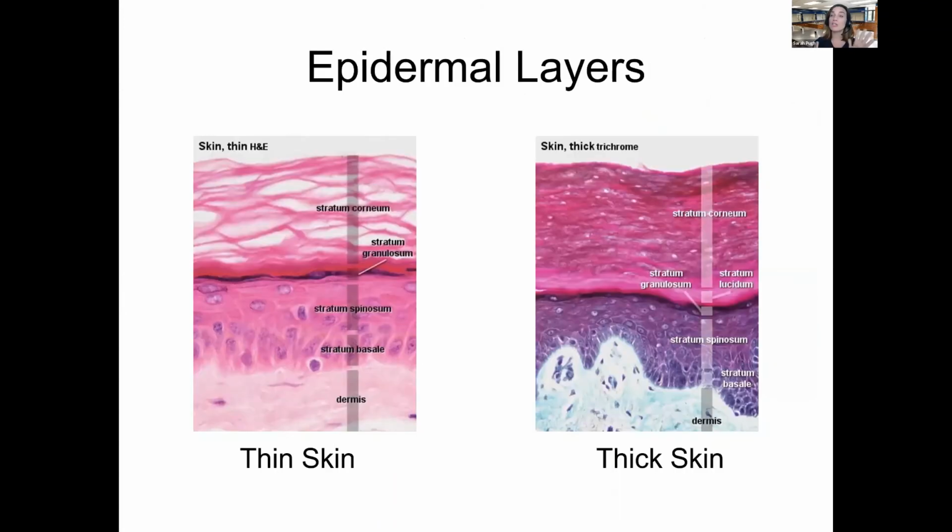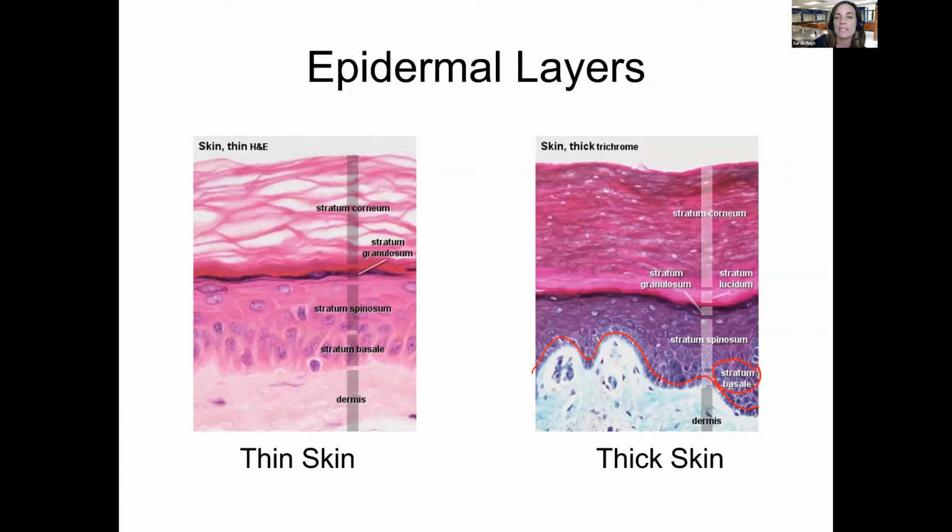Okay, so this is a great image where you can see this lucidum. On the left, we're looking at thin skin, which does not have a stratum lucidum. On the right, we have thick skin that does have a stratum lucidum. I'm going to use the one on the right. We've got this first layer down at the very bottom, one cell layer thick, our stratum basale.